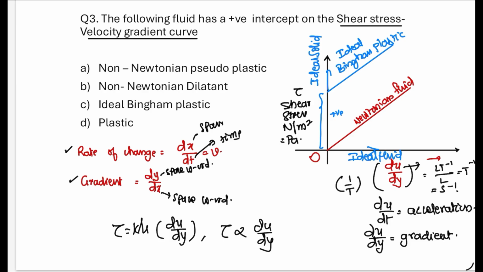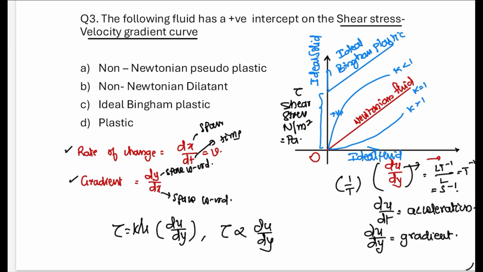And also for a Newtonian fluid, whatever k we say, k is equal to 1. If k is less than 1, it is non-Newtonian pseudoplastic, and it is dilatant if k is greater than 1.